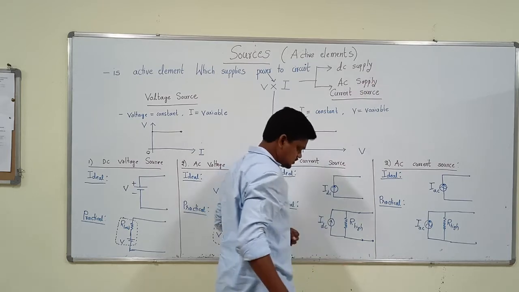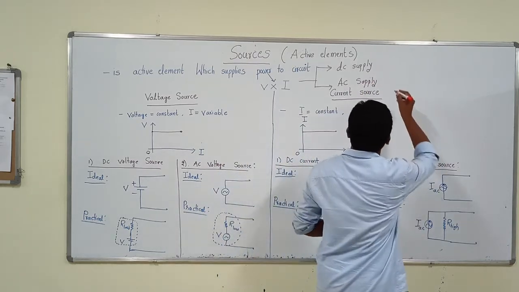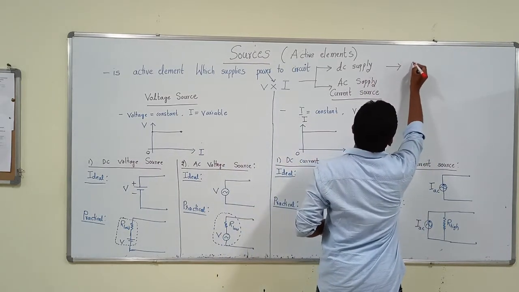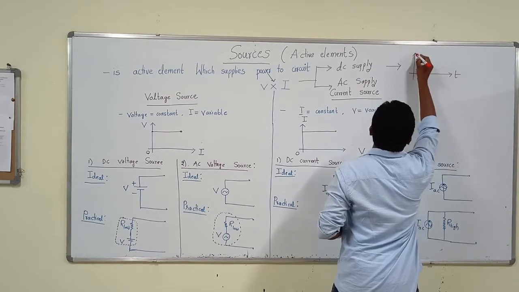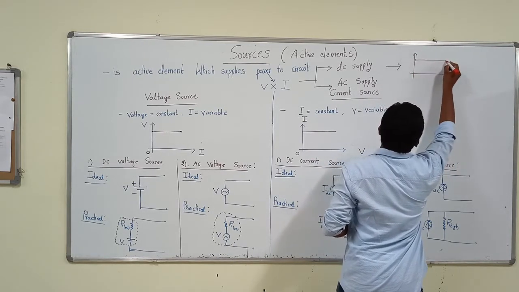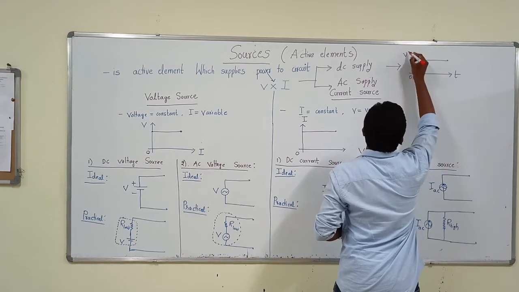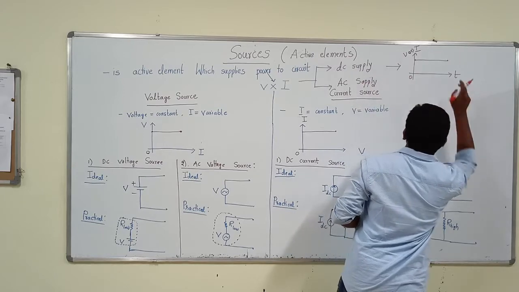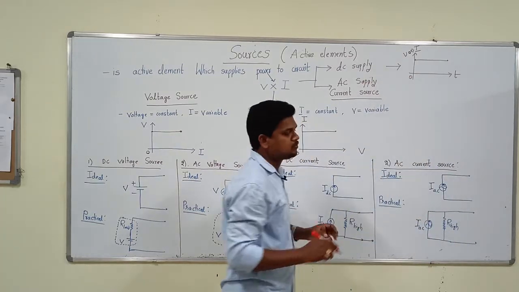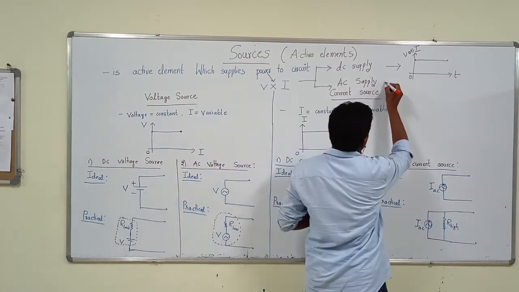DC supply means the voltage or current are both in DC form, that is, fixed. The voltage and current waveforms are like this. This is the DC supply. We will discuss it deeply again, but now you have some idea.